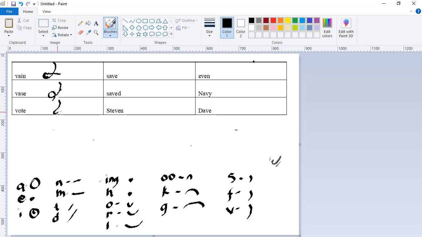V-O-T. Ulit, we have V-O-T. Okay, next, save. We have S-A-V. Save. Next, saved. We have S-A-V-D. Saved.